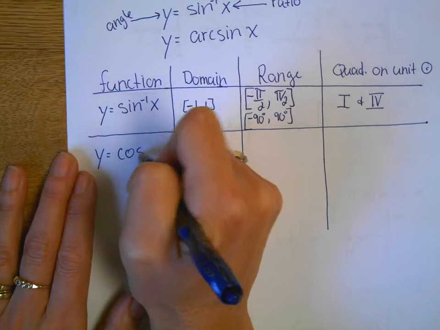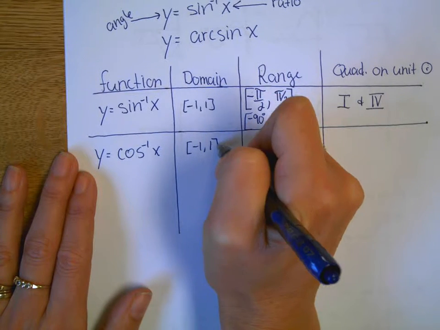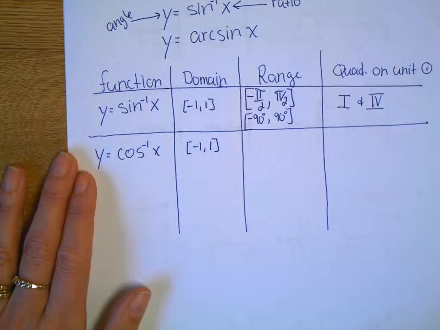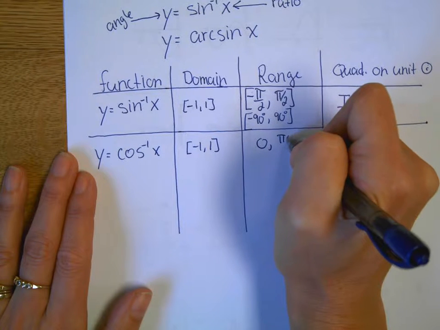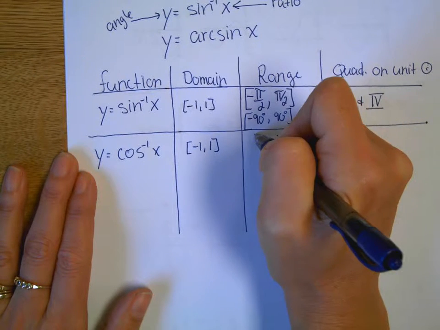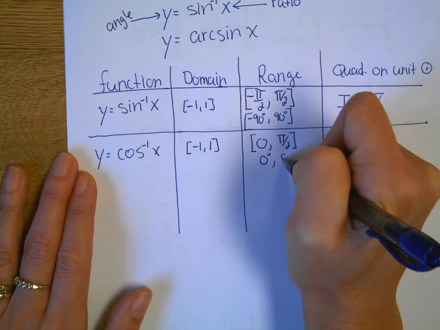Inverse cosine. Negative 1 to 1, because that's all the ratios can be. Here, the range is going to go from 0 to pi over 2. Which means 0 degrees to 90 degrees.